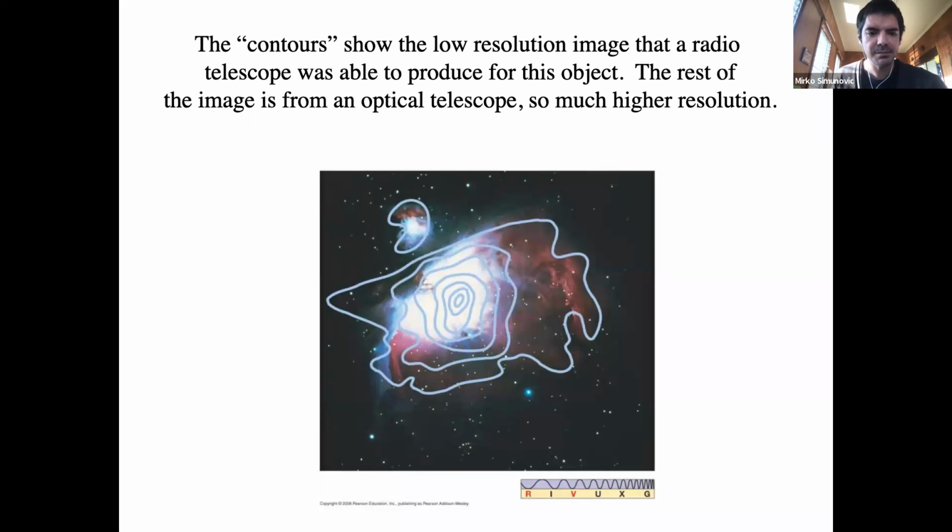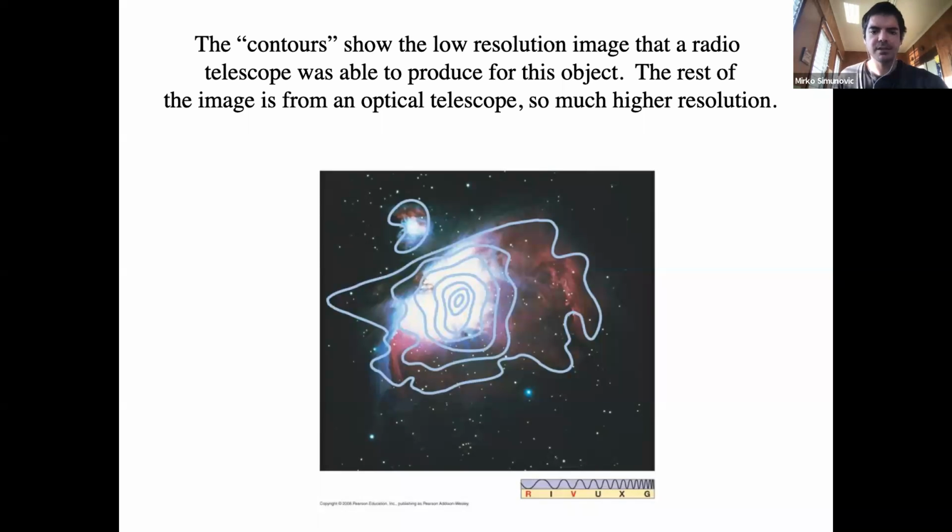You know that there is some kind of a blob at the top left, and then you have some fuzzy structure in the center. You cannot resolve any detail. That's what radio looks like. Most of the time, radio telescopes just give you a very fuzzy image of the objects. So that's, again, limited by the resolution that we can obtain at each regime, at radio or optical, and so on.